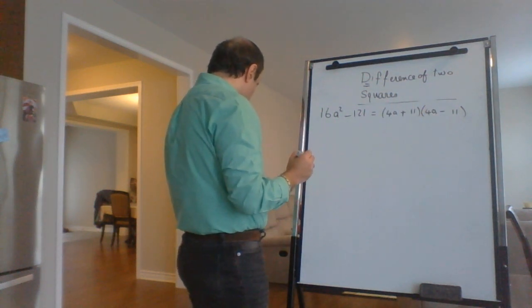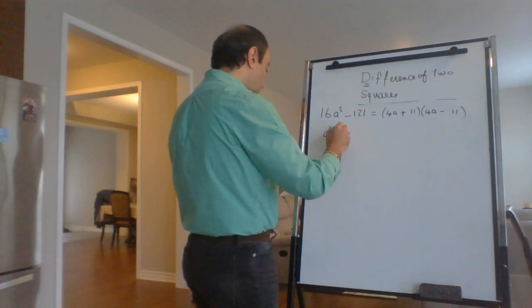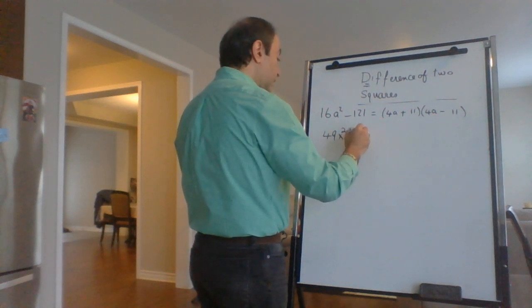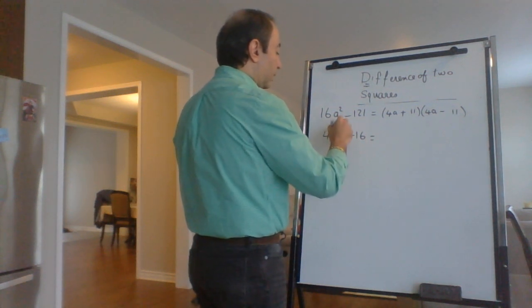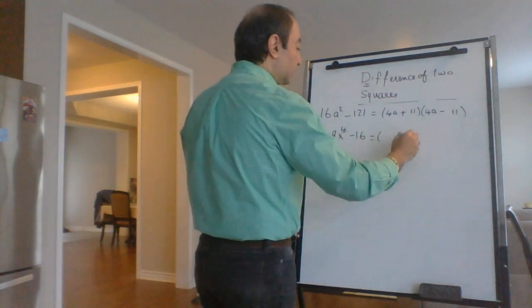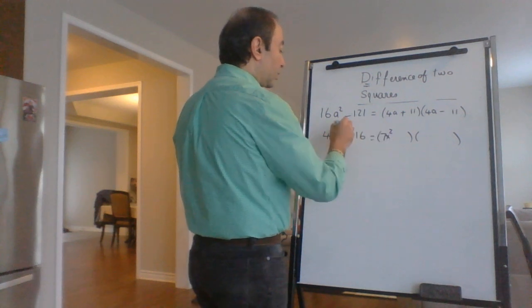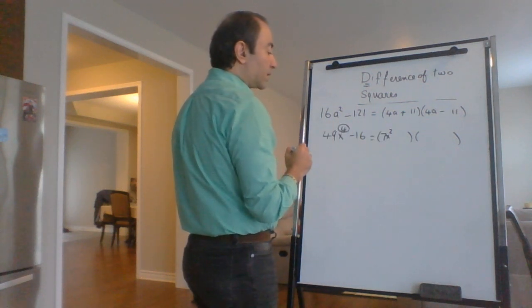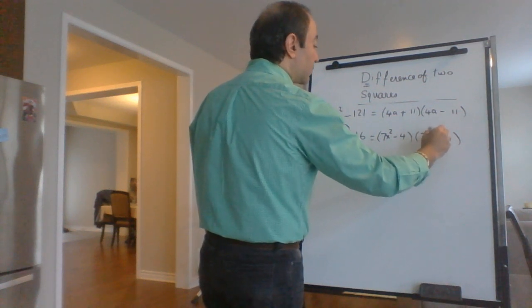Okay, now let us have another one, 49x to the power of 4 minus 16. Perfect square, minus in between. So 7x squared, square root of x to the power of 4 is x squared, minus 4, 7x squared plus 4.